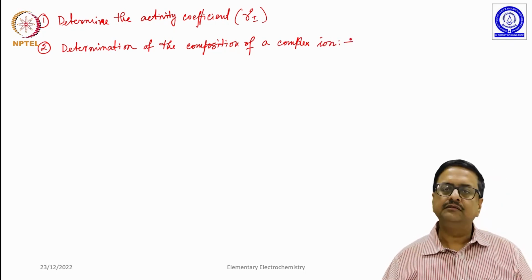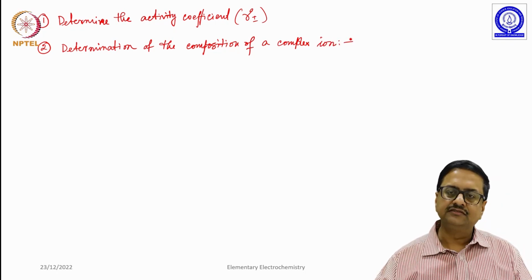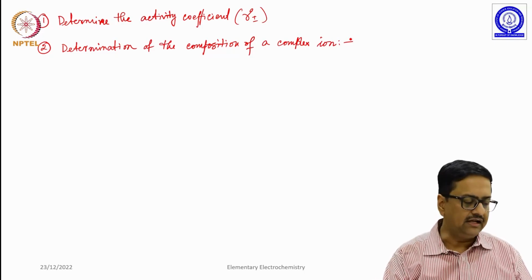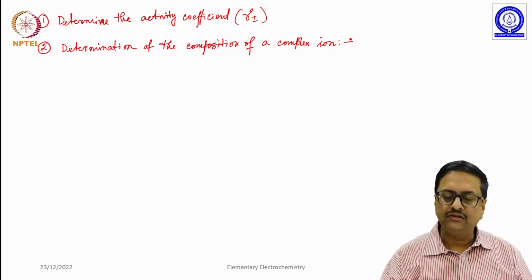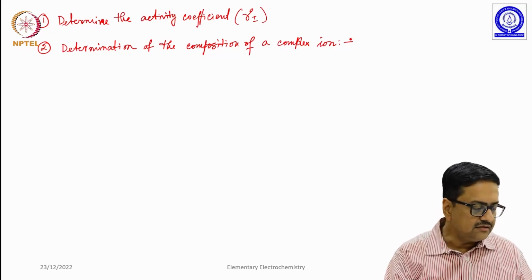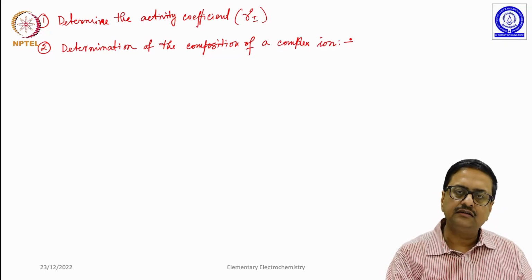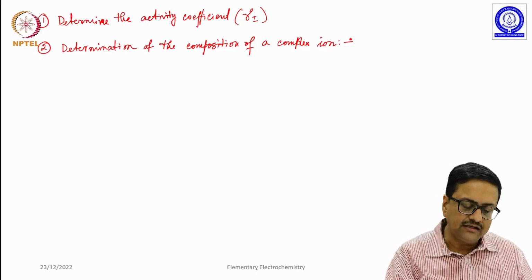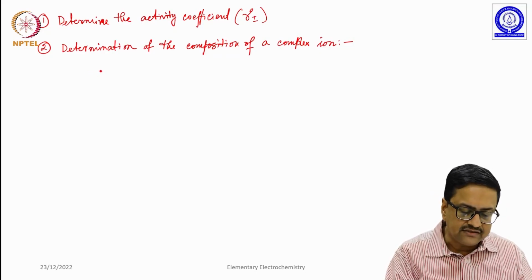See, in many chemical reactions, a cation forms a complex ion with an anion or a ligand which may be neutral, and the composition of that complex is different for different metal-ligand systems.